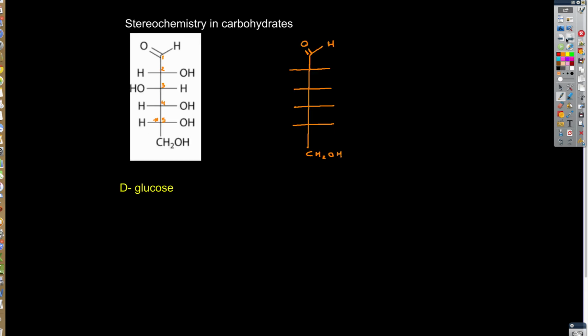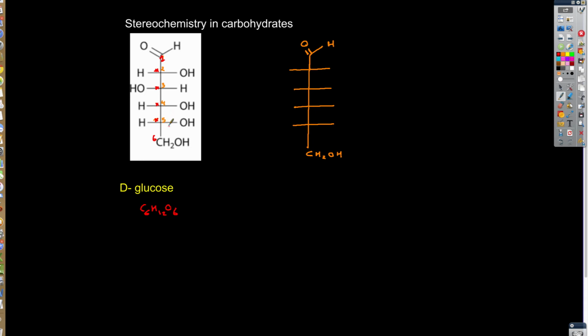For carbohydrates, we are only going to look at glucose, C6H12O6. The linear version of glucose, which is an aldehyde: the first carbon and the last carbon are not chiral. But the rest of the carbons have 4 different attachments, and those are chiral carbons.